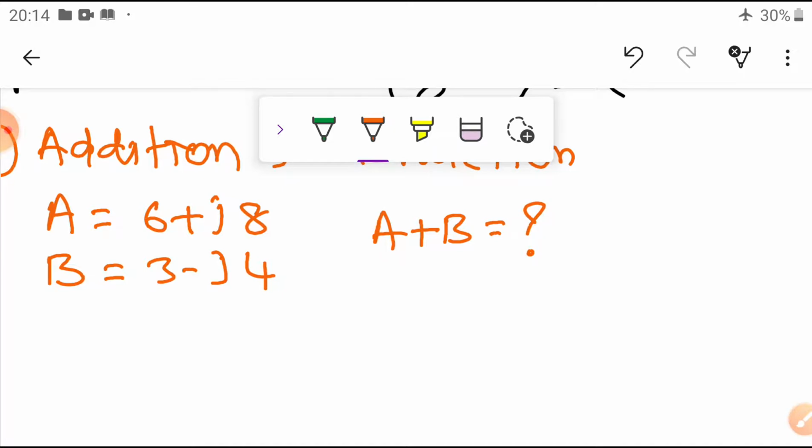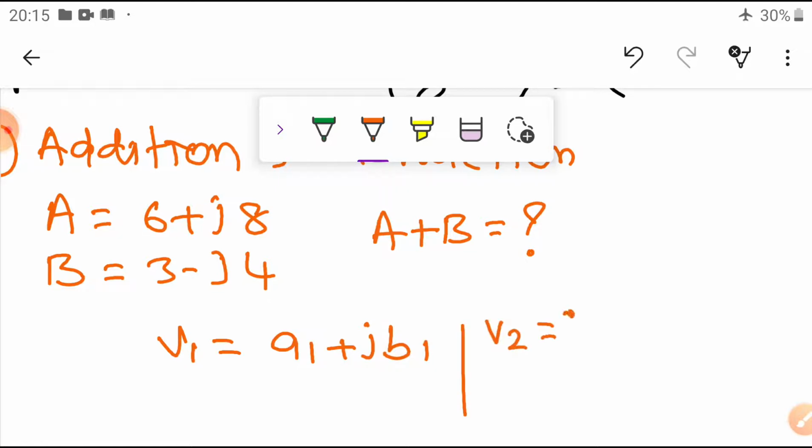So, we know from the equations we discussed last class that V1 is equal to A1 plus j of B1 and V2 is equal to A2 plus j of B2.